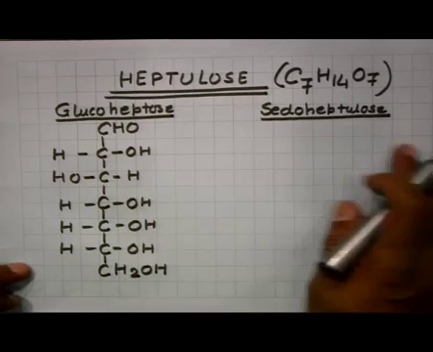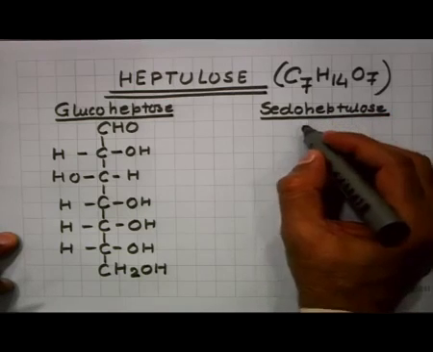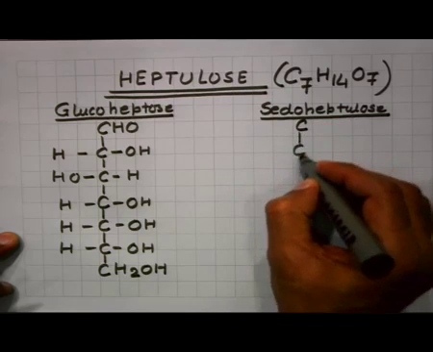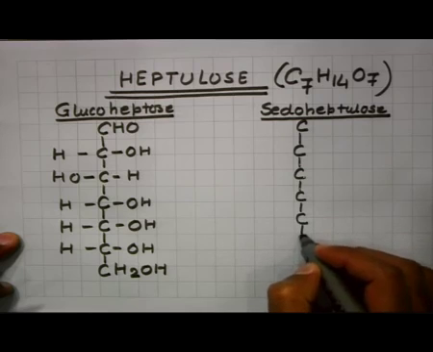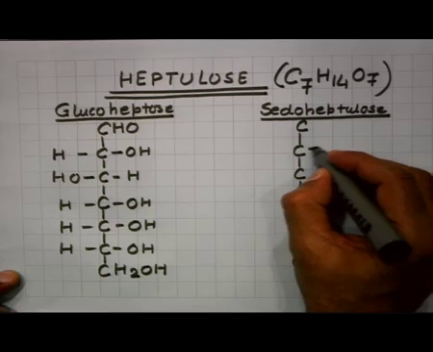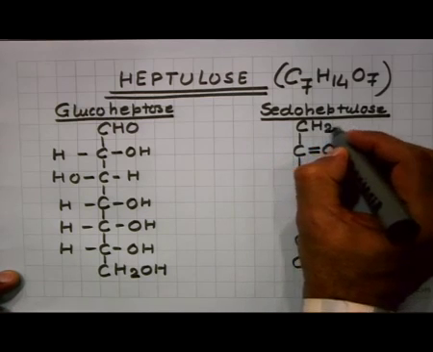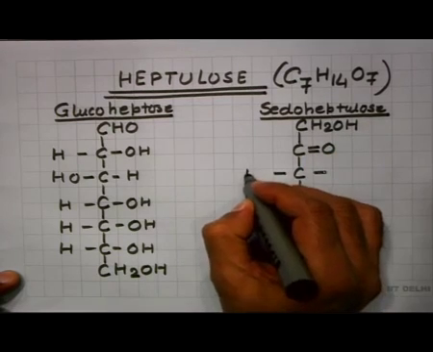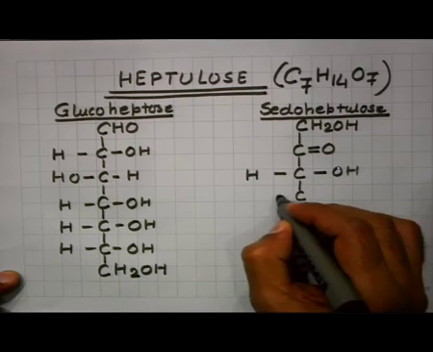Now, in the same way, we know that pseudoheptulose has a ketone group. So, we can easily write 7 carbons: 4, 5, 6, 7. At the second position there is a ketone group, no doubt. At the first position there is a CH2OH group. So, now you can easily write it if you know the position of H and OH.